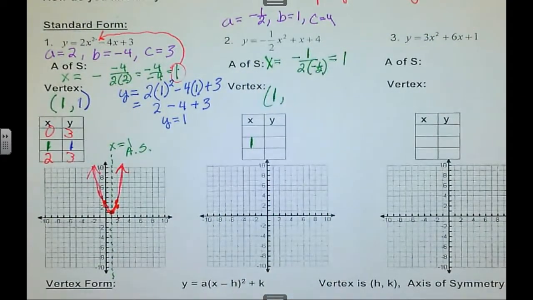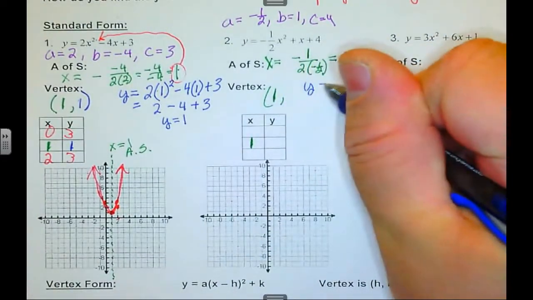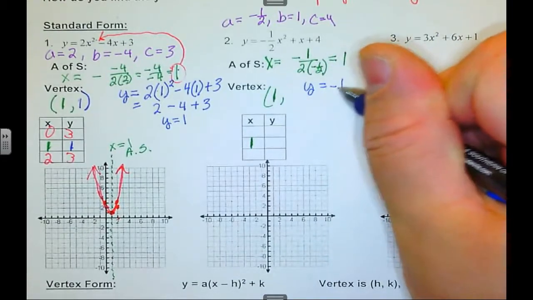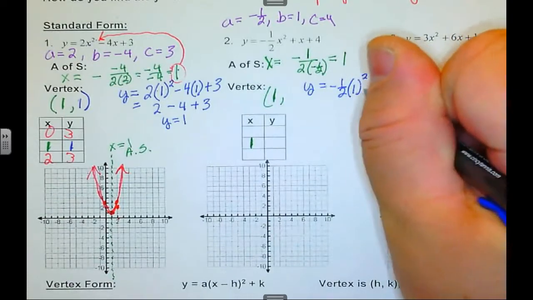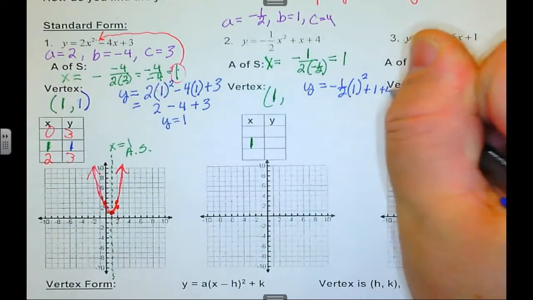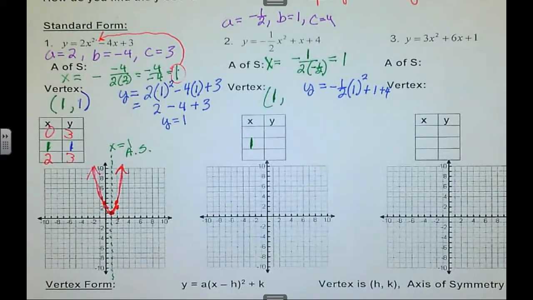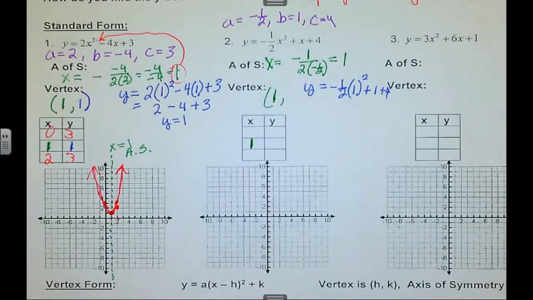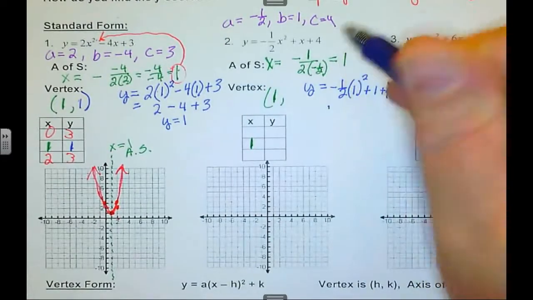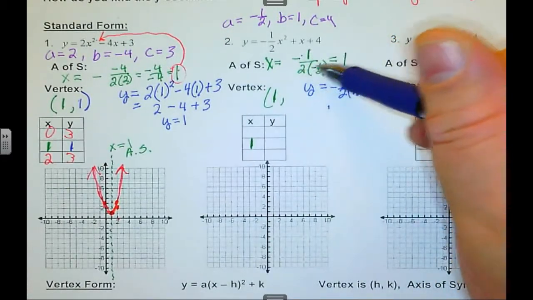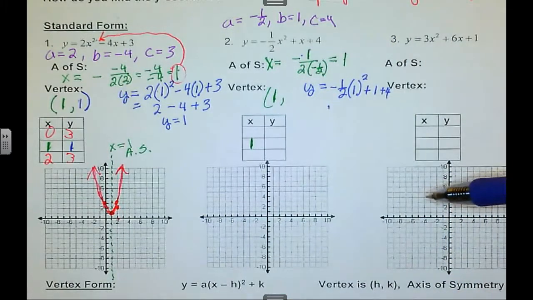Okay, I have to find my y value. So my y is going to equal -1/2 times 1 squared plus 1 plus 4. -1 over 2 times -1/2 is -1. -1 divided by -1 is +1.